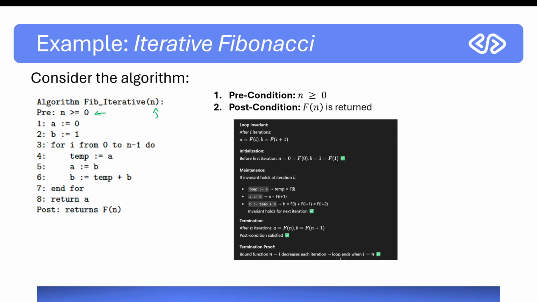We can see that we have some base cases here. A is 0, B is 1. But our precondition is that we have a number that is greater than or equal to 0, so n has to be a natural number. And the postcondition is that we properly calculate the Fibonacci number, as shown here.